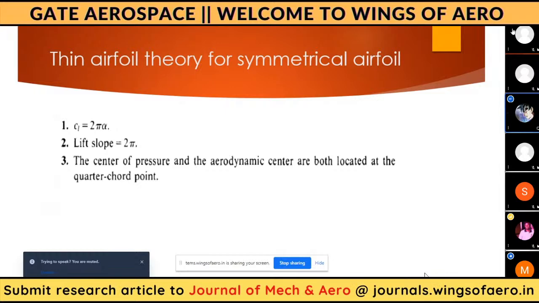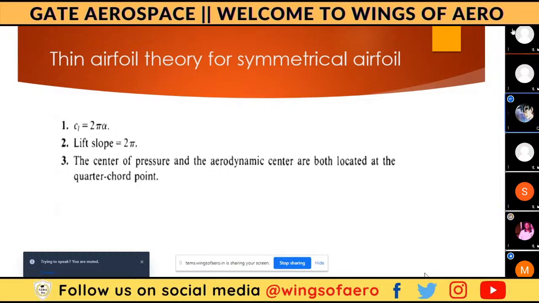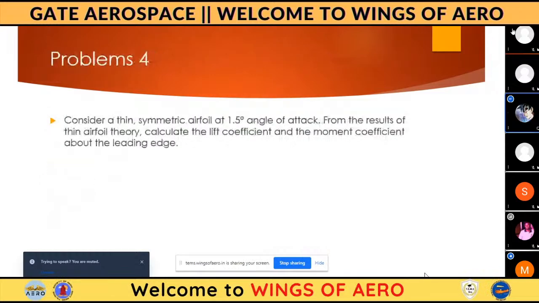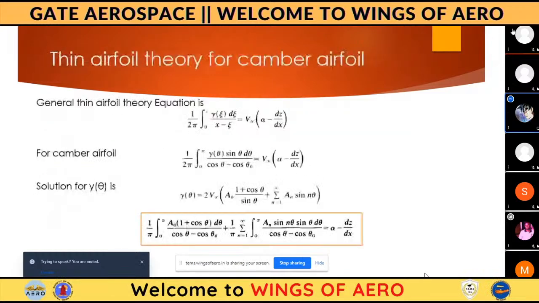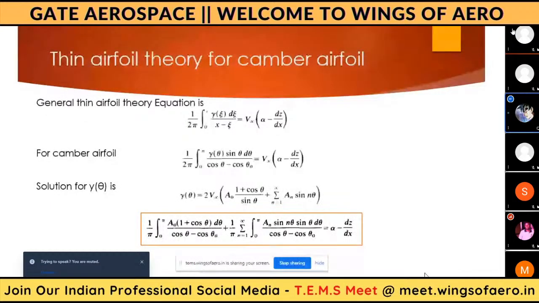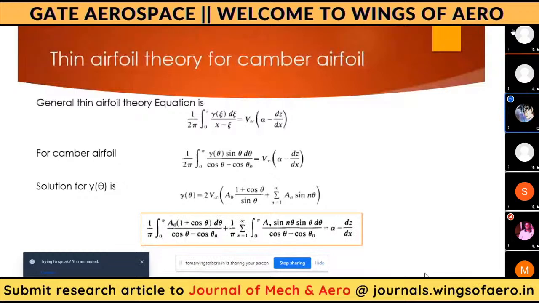So in this session, we will be seeing the thin aerofoil theory for cambered aerofoil. You all know what is symmetrical aerofoil and what is cambered aerofoil. In the cambered aerofoil, there is a major difference: the camber line and the chord line are not the same.